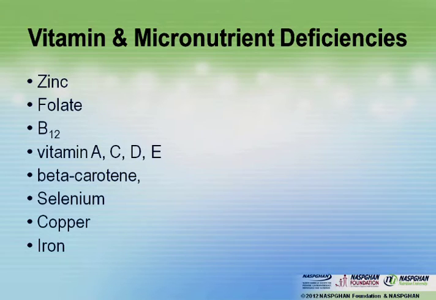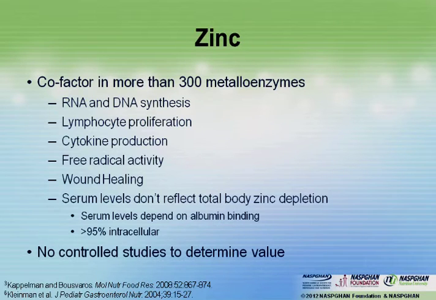So zinc is a cofactor in more than 300 metalloenzymes, and it plays a role in RNA and DNA synthesis, lymphocyte proliferation, cytokine production, free radical activity, and wound healing. Serum levels don't reflect total body zinc depletion, and the levels really depend on albumin binding, with greater than 95% being intracellular. There are no large control studies to actually determine the value of zinc repletion in patients with inflammatory bowel disease.